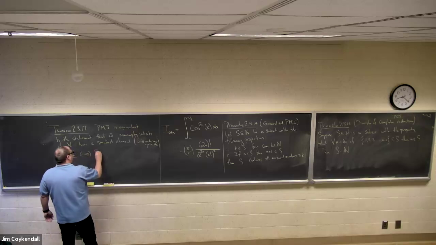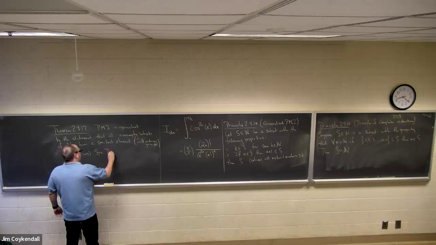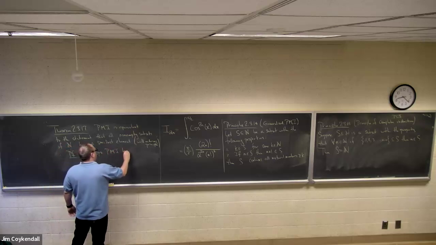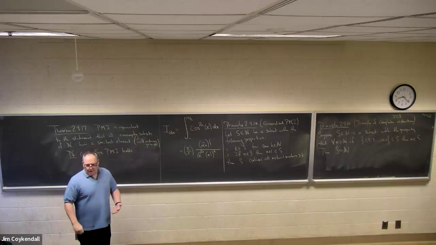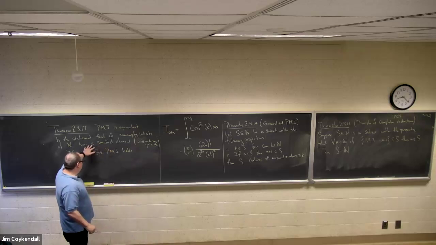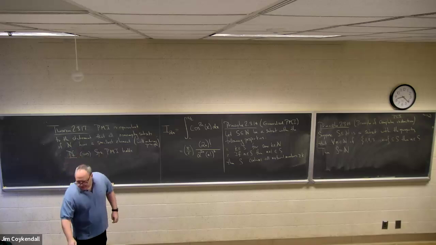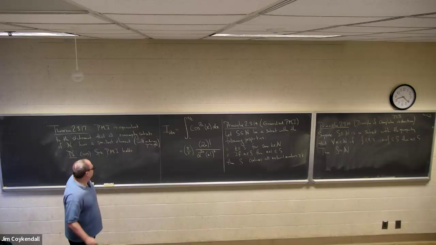Suppose the principle of mathematical induction holds. And we want to show that it must be the case that every non-empty subset of the natural numbers has a smallest element.